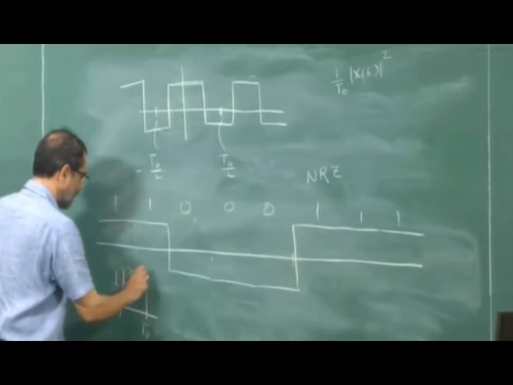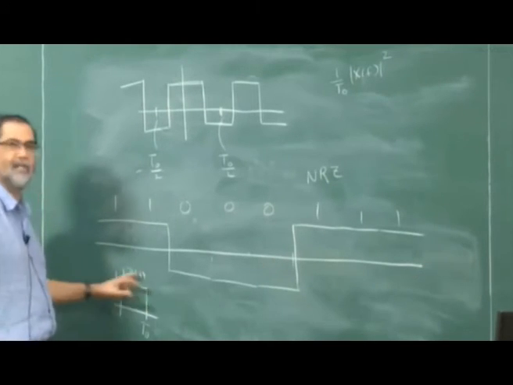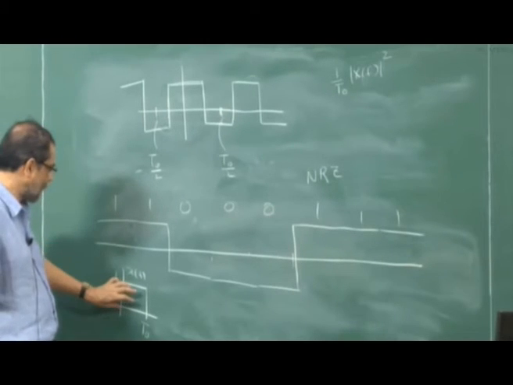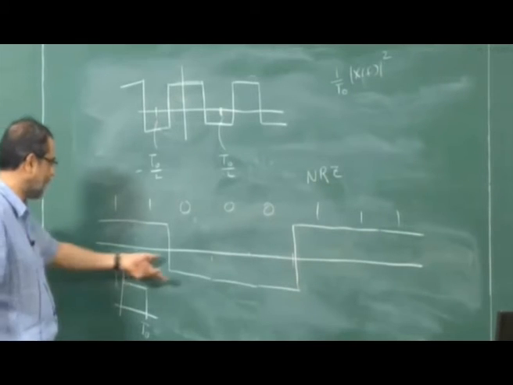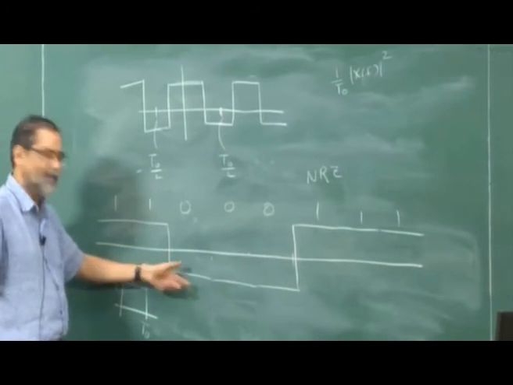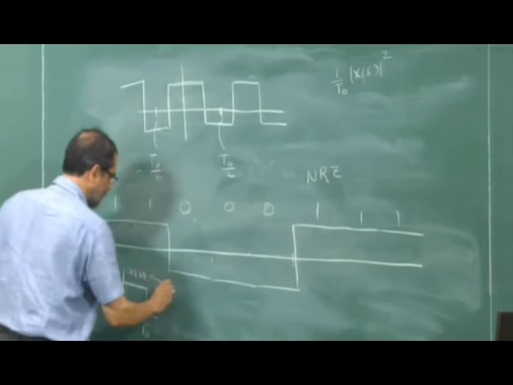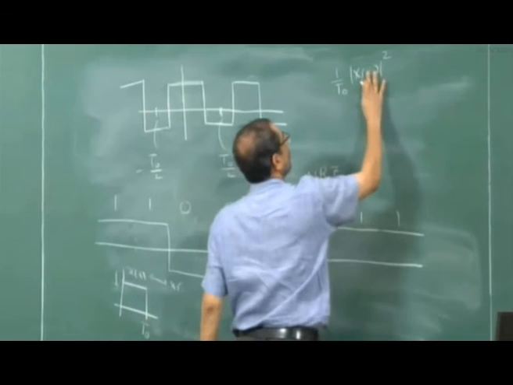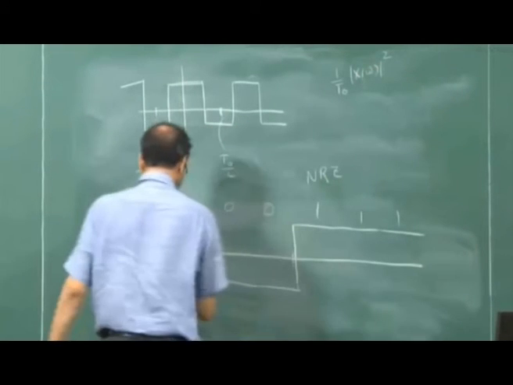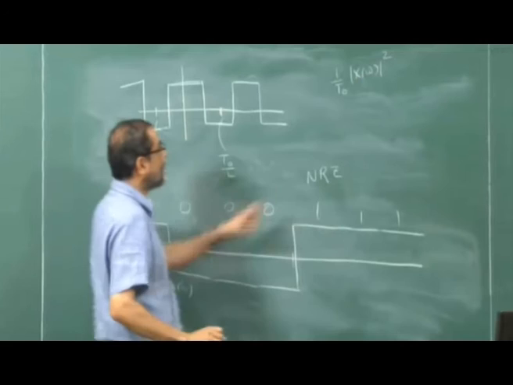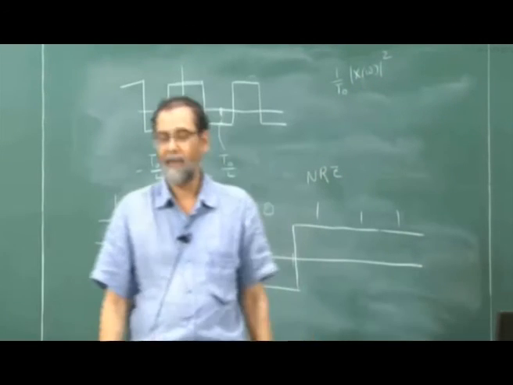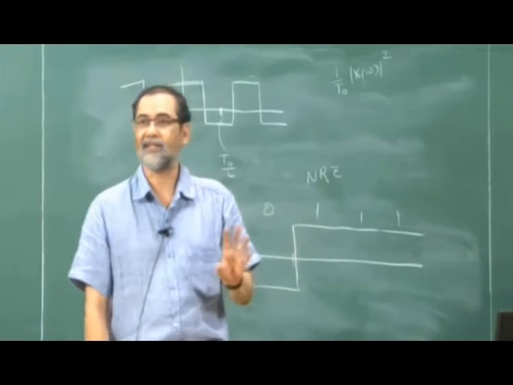This is x of t. So this pulse is used in the NRZ signal. If it is plus 1, as it is; if it is minus 1, it's the opposite, you flip it and use it here. So if you find its Fourier transform X of omega, take the magnitude square, that is the spectrum of the bipolar NRZ signal.